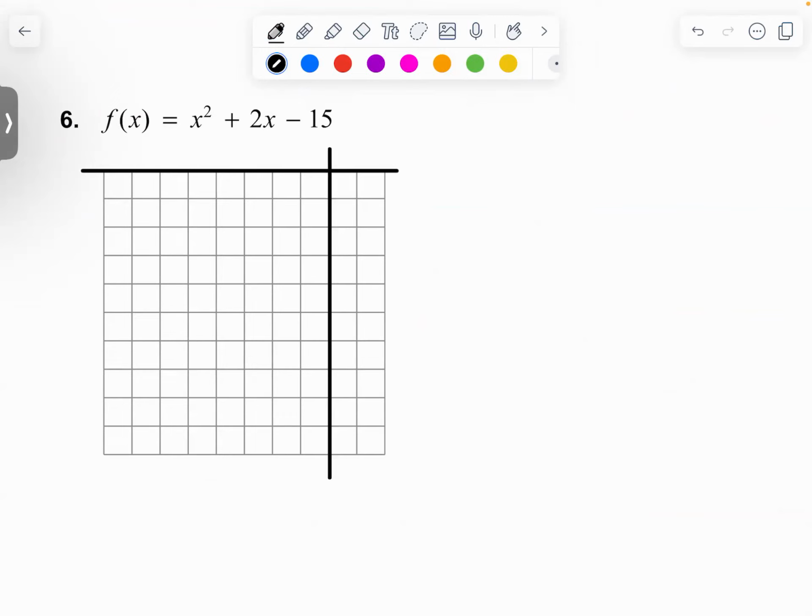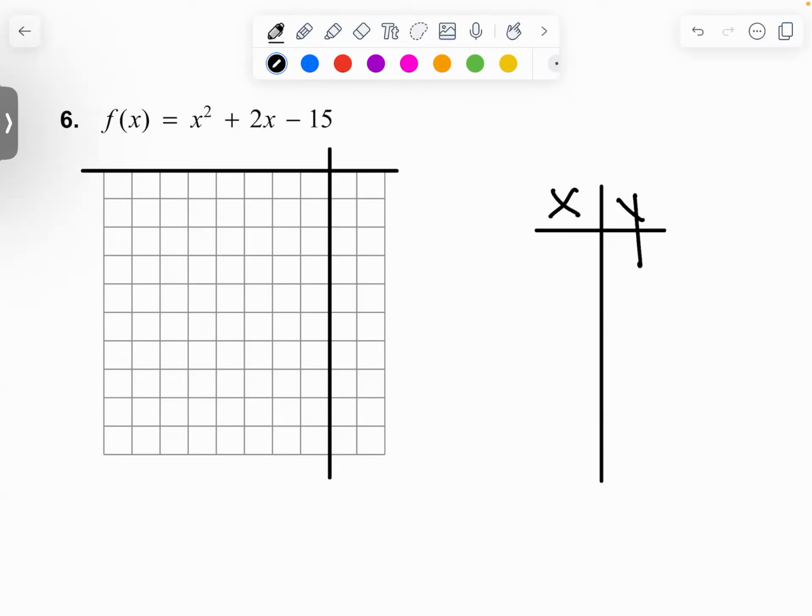This is interesting. What are our x-intercepts? Is this in intercept form? No. Which means what are we going to have to do? Okay, what are we going to have to do if it's not in intercept form and we've been graphing in intercept form?